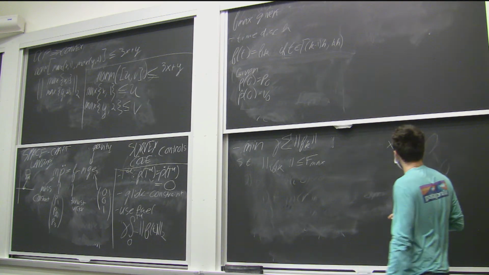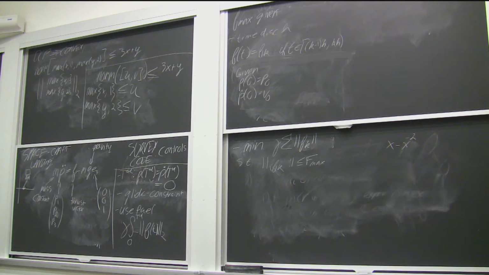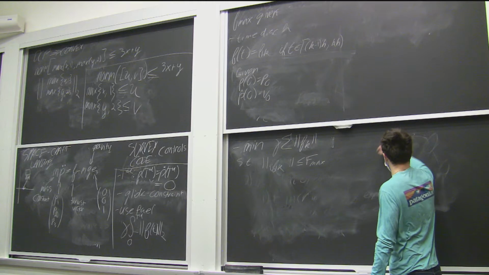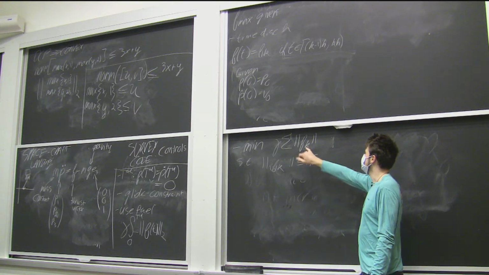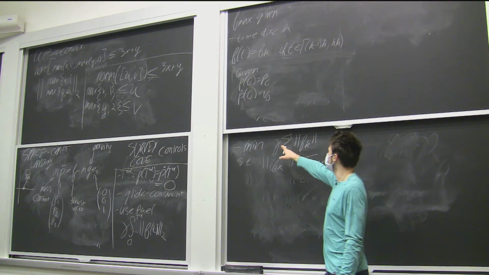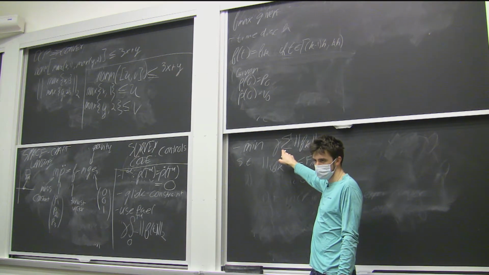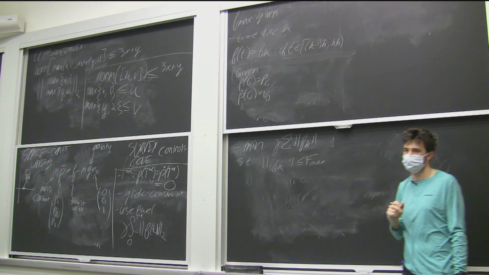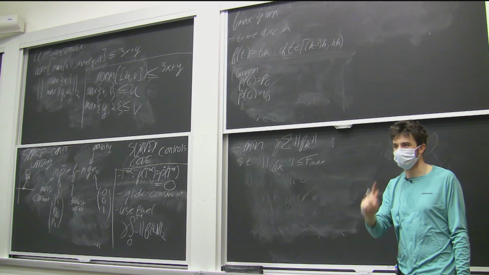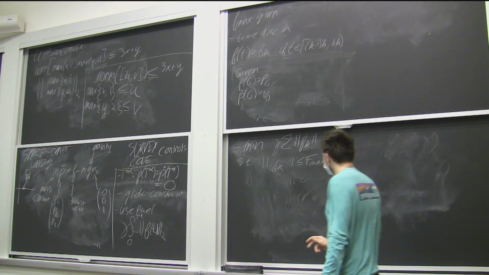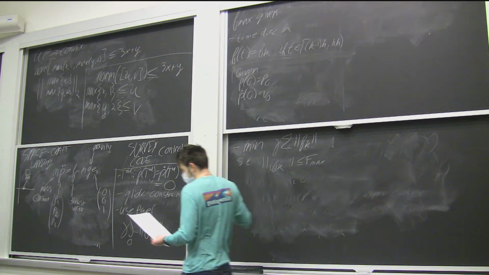Is x minus x squared a convex function? No, it is not. But it's close, right? I'm taking a non-negative weighted sum of convex functions. That's convex. Non-negativity there is very important. So this is a convex constraint.